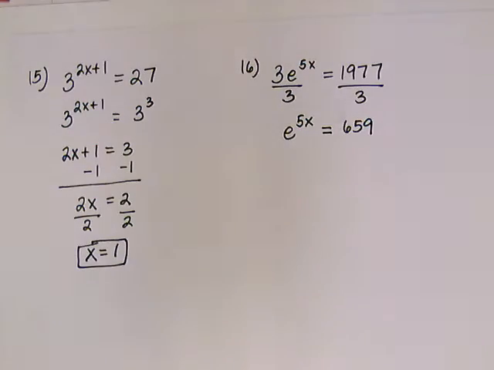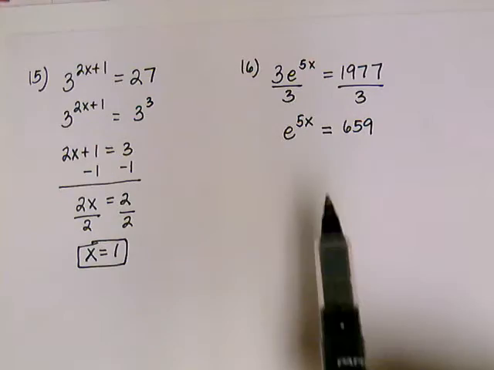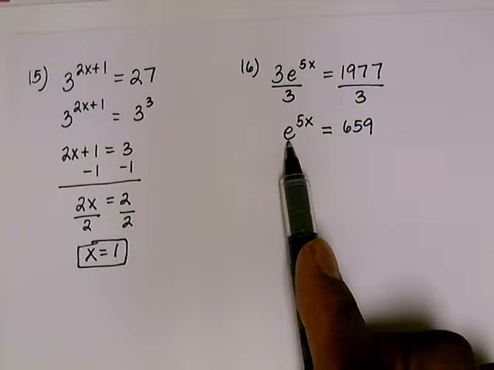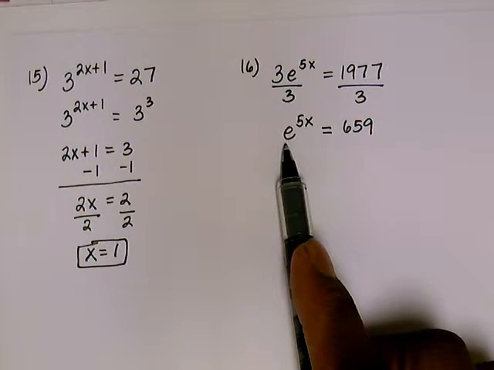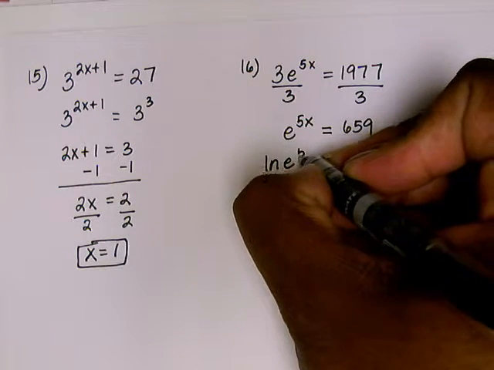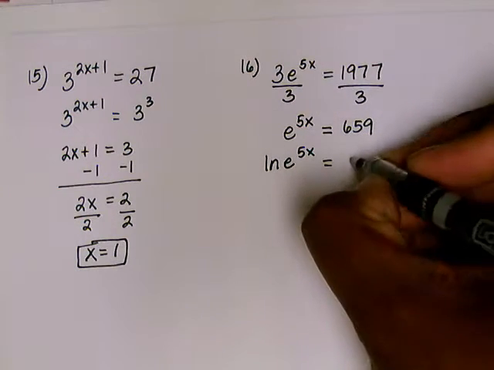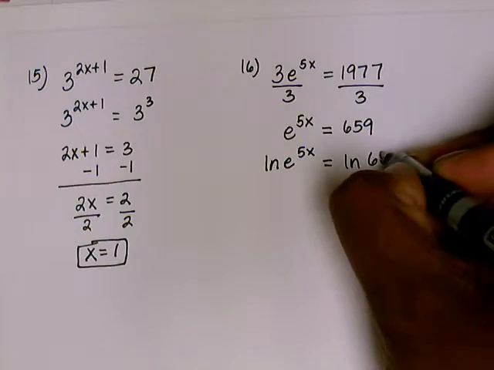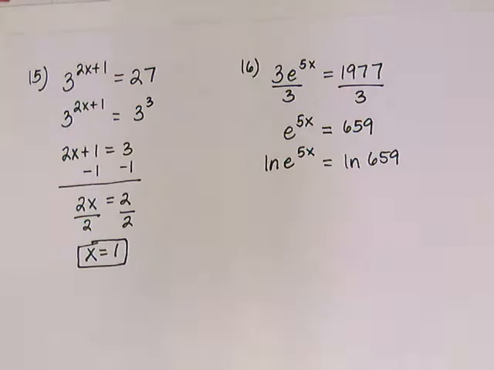So I have e to the 5x equaling 659. And then the next step is, since e and the natural logarithm are inverses of each other, what I'm going to do here is take the natural log on both sides of this equation. So I have ln of e to the 5x equaling ln of 659.